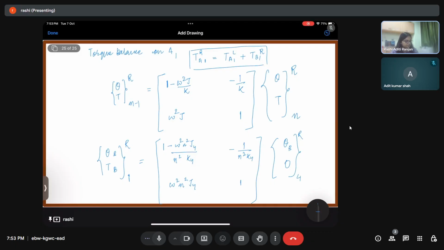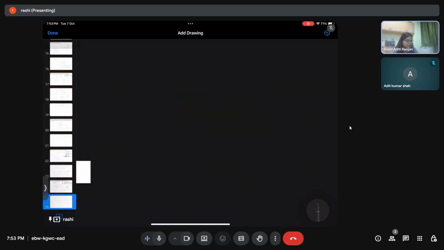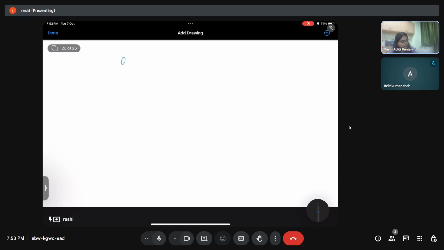Further, if you look closely, you're going to get that theta right hand side of B1 is minus theta L A of 1, which is also equal to minus theta A R of 1.